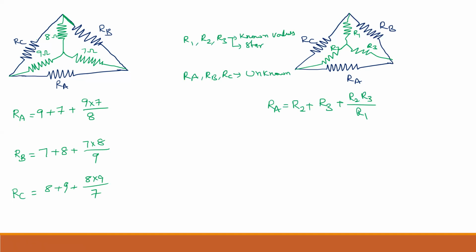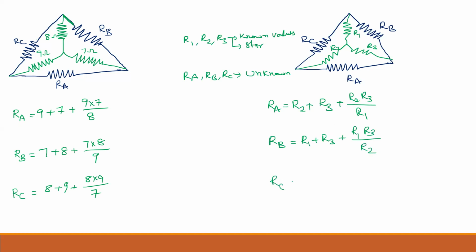Similarly, RB is nothing but R1 plus R3 plus R1 R3 divided by R2.